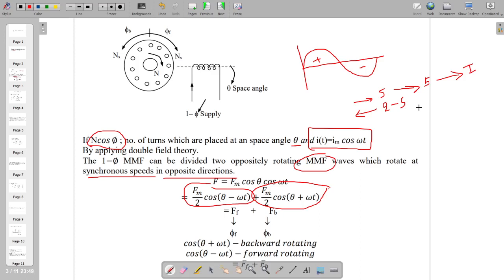This auxiliary winding is placed 90 degrees electrical to the main field winding, so that they are physically displaced by 90 degrees. The current flowing through this winding has some phase displacement, which creates a non-zero current. Because of that, either the forward force or the backward force will have a higher magnitude, so that the rotor will rotate.